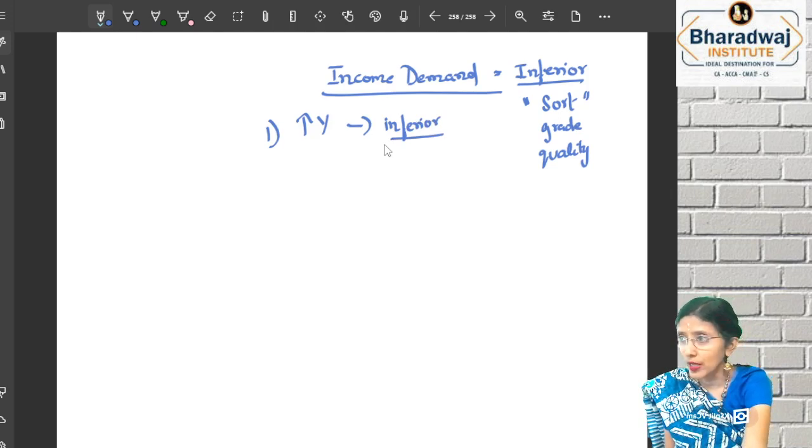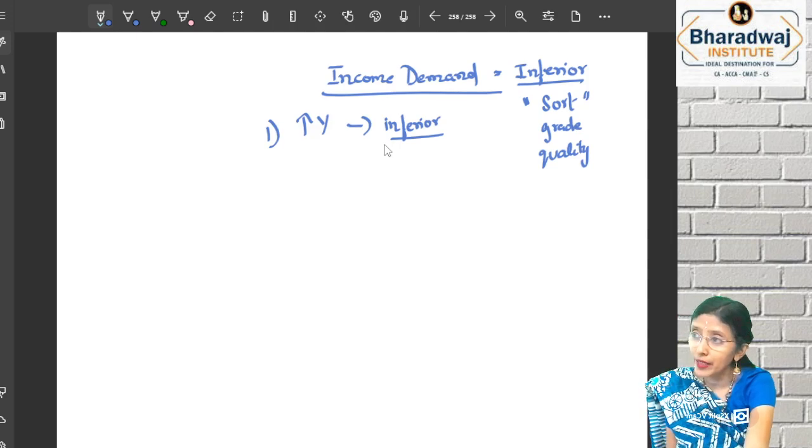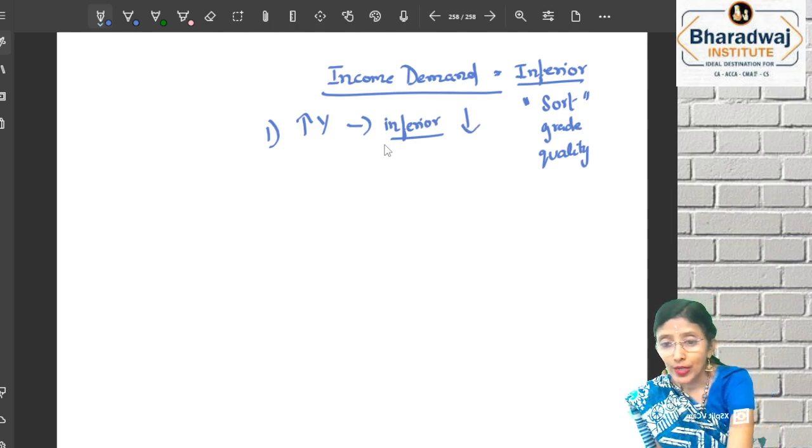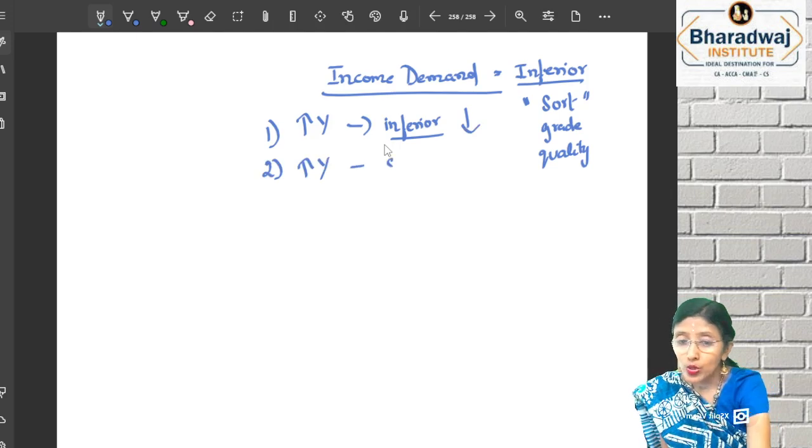It is not normal. So what will happen when income increases? The demand for this will decrease, isn't it? Okay. When you take the second case, income increases, superior or normal.